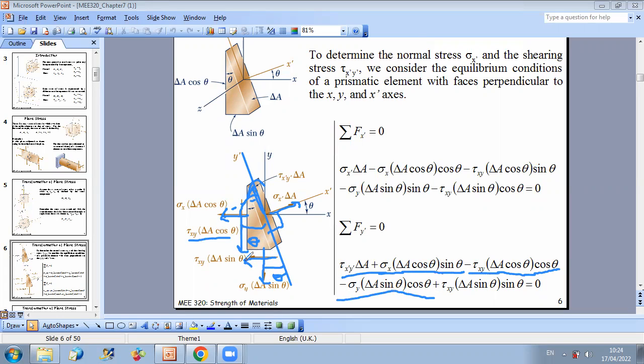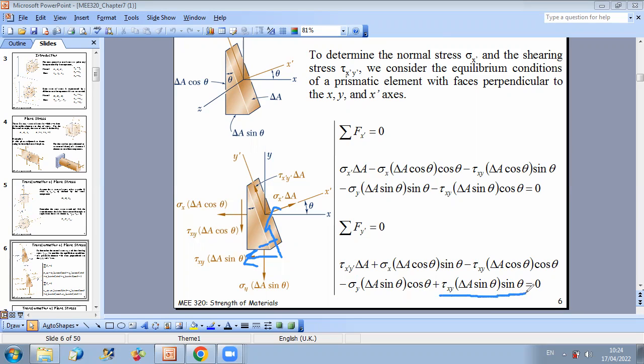While for the shear, for this force, if you do the projection, it's positive, because as you can see here, this is my shear stress, this is my y prime. If I do the projection on y prime, I get a positive component, and because the angle is 90 minus theta, then I do plus tau xy delta A sine theta times sine theta, and the summation of these projections should be equal to 0.